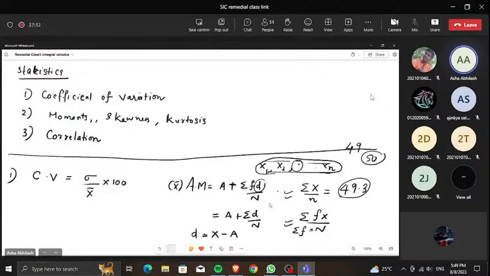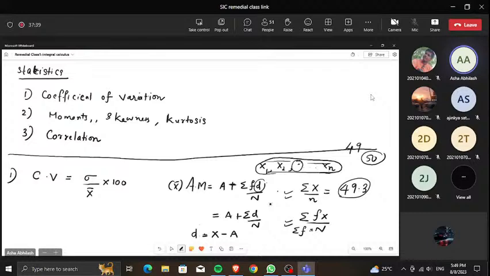Okay. So this is the formula for finding the arithmetic mean if you are using the assumed mean method. Okay. Similarly, we have the formula for finding the standard deviation. Till now, everything is clear? Yes, ma'am. Yes, so we have discussed about assumed mean.